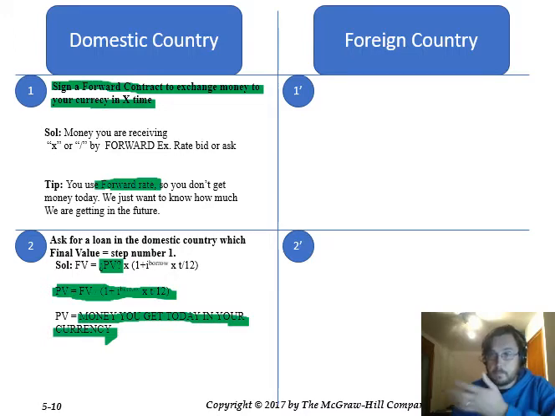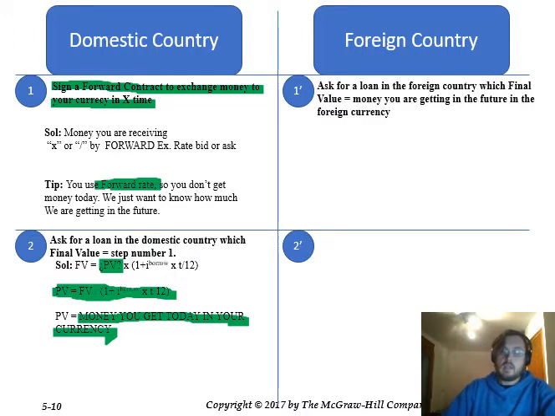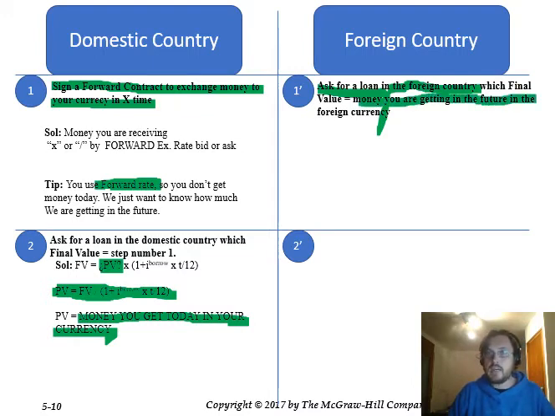Okay, let's go to the foreign country. So once again, do we know how much money we are going to receive in X time in the foreign currency? Well, yes, we know. We know from the beginning. In the example that we're going to do right now, it's going to be $1 million. So if we know that amount, we can go ahead and ask for a loan in the foreign country, whose final value is the money that you are getting in the future in the foreign currency.